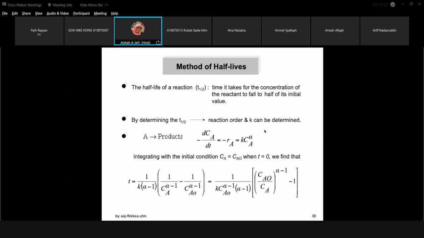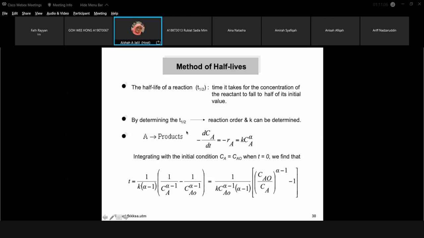half-life method. Okay. What is the half-life duration? Time it takes for the concentration of the reactant to fall to half of its initial value. For example, 100, and then the half-life is about when they fall to 50% of the volume.